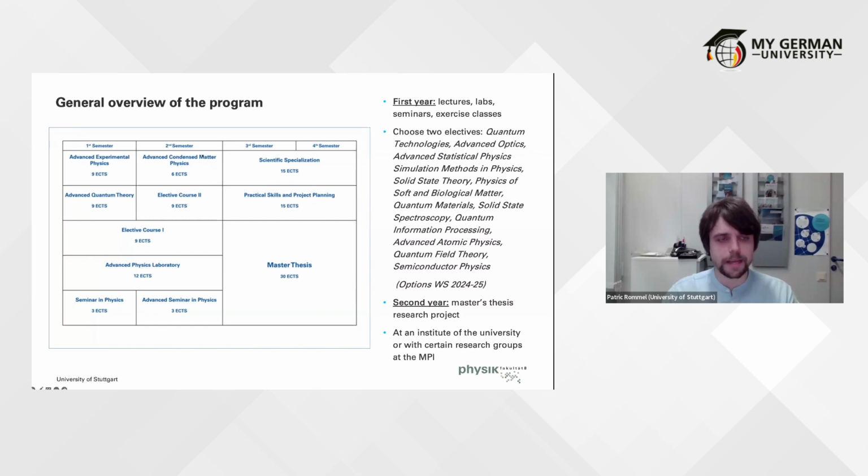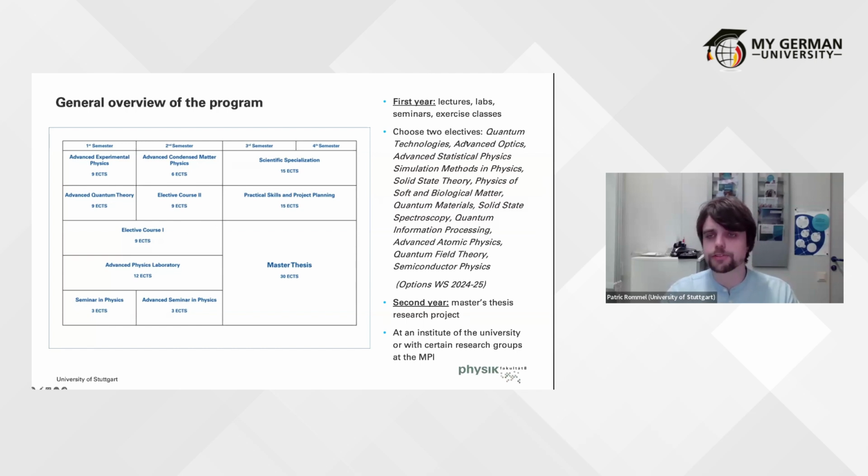We have some mandatory lectures like advanced experimental physics, advanced quantum theory, advanced condensed matter physics. We have the advanced physics laboratory going over a whole year, with many experiments and several seminars, and also 2 elective courses.